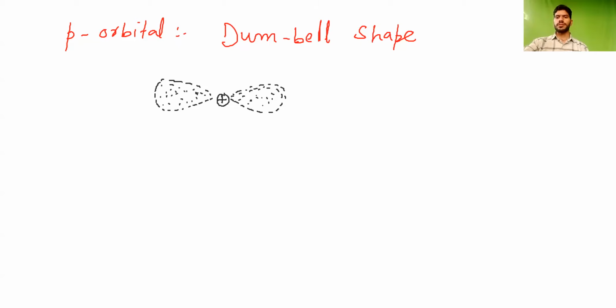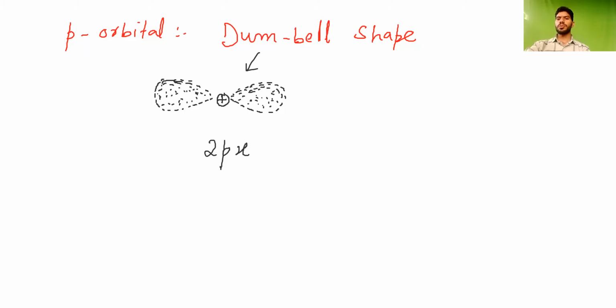This shape is known as dumbbell shape. Got it? That means they are simply two lobes. One is this lobe, electrons are inside this, and there's another lobe, electrons are in this. So let's say this is your 2p, and this is your 2px, right?